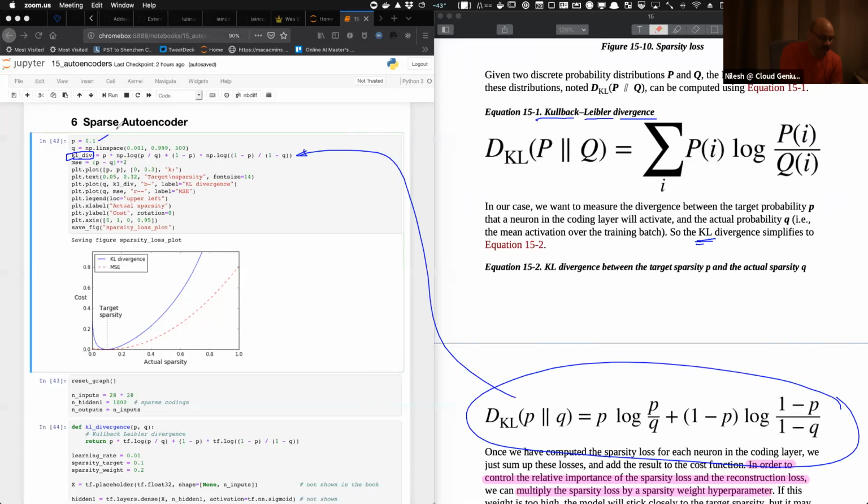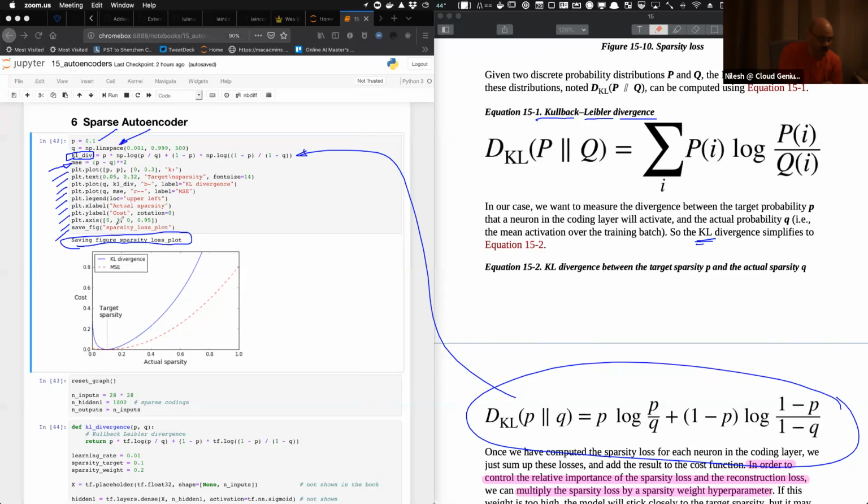We are setting a p-value and a q-value and calculating mean square error also, which is (p minus q) to the power 2, and plotting a bunch of things, saving the figure.